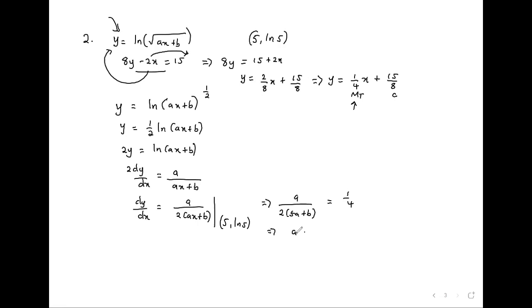So we have a is equal to 1 over 2(5a plus b), so that we get 2a minus 5a is equal to b. So negative 3a is b. So that a is negative b over 3. What other information do we have?